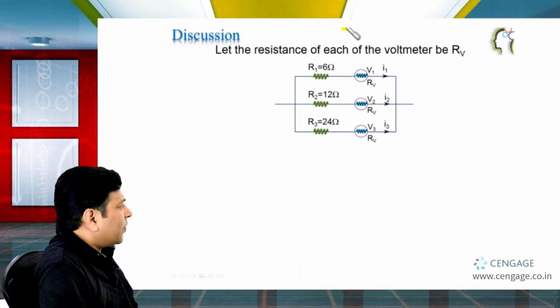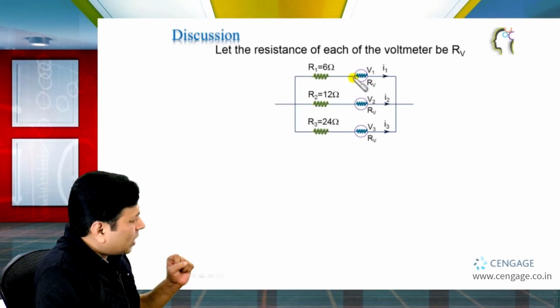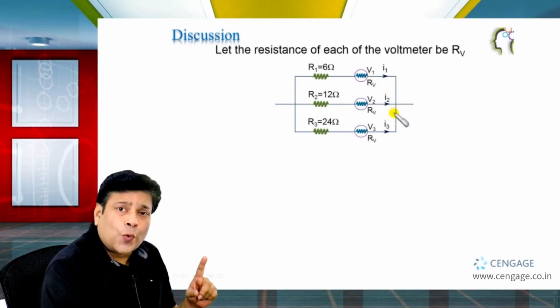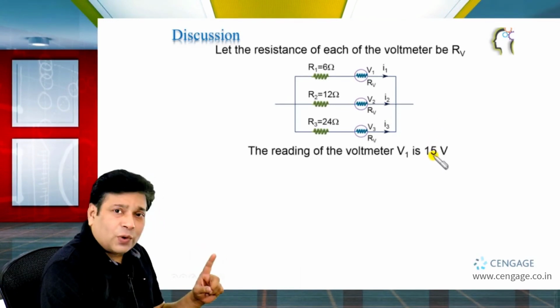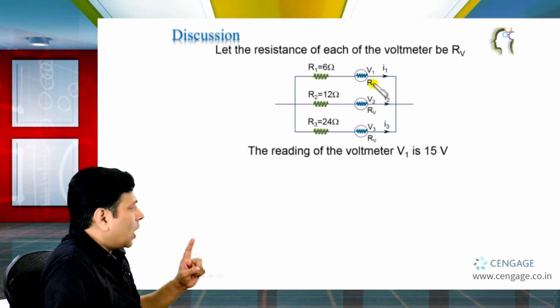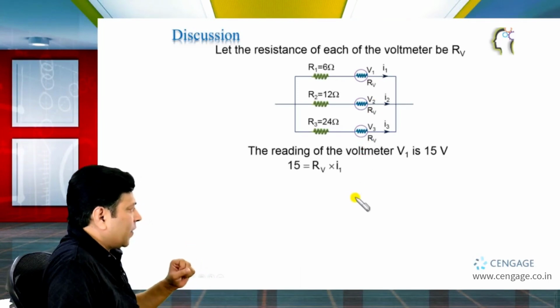Now we are given the reading of this, V1. We know the current flowing in this branch is I1 and the resistance of this is RV. That means the reading of this voltmeter V1, which is 15 volt, should be equal to RV multiplied by I1.